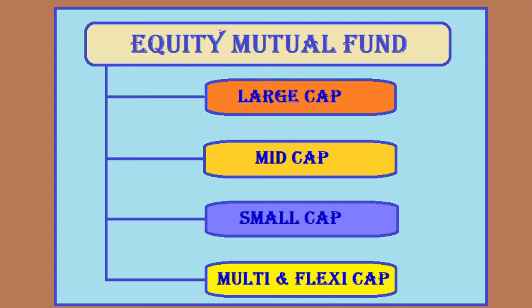But, as the risk increases, so does the chance to make profit. Therefore, mid-cap funds are suitable for investors who are willing to take higher risks, as this type of fund can offer market-beating returns.